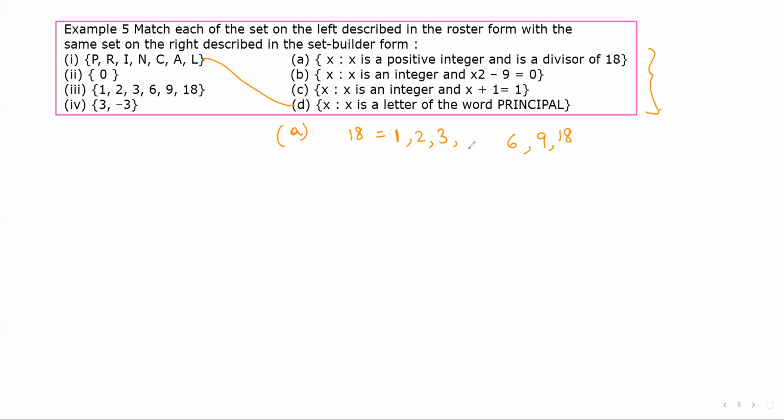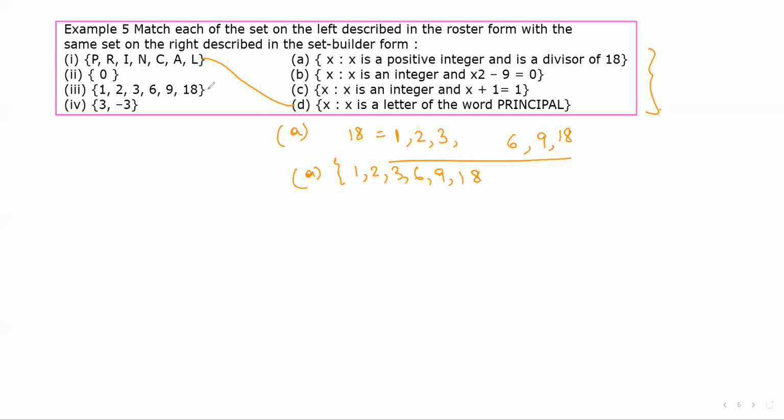Is it divisible by any other value? No. 6 threes are 18, 9. Yes, it's not divisible by any other value. So these are the divisors of 18, or 18 is a multiple of these values. So for A, you can form a set of these values: 1, 2, 3, 6, 9, and 18.